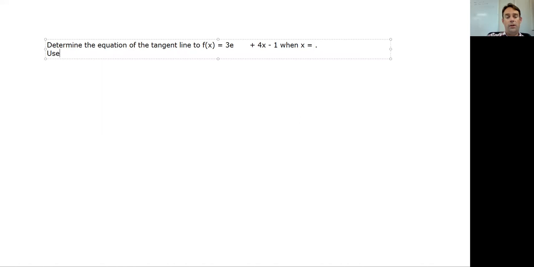Use the tangent line to approximate the value of f of 0.1. All righty. So what exponent am I going to give you today? How about I give you, friends, sine of x? Not going to be in green, though.